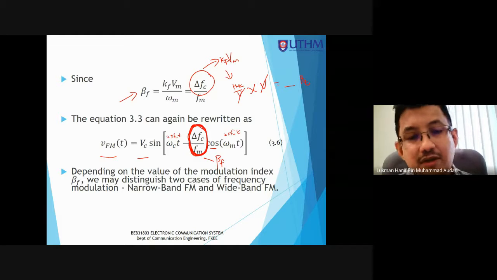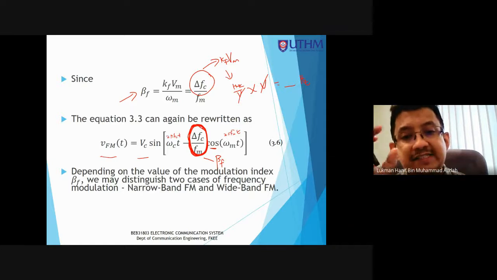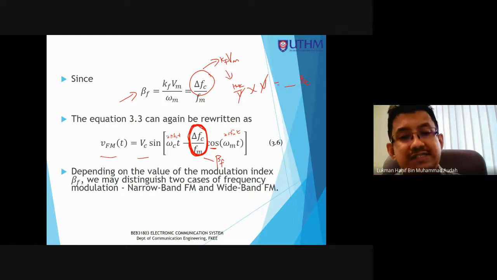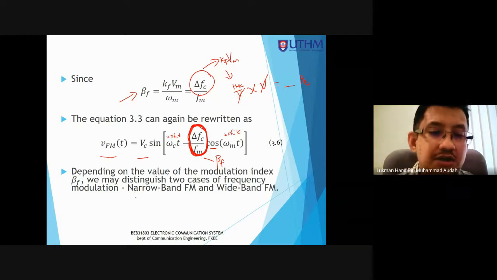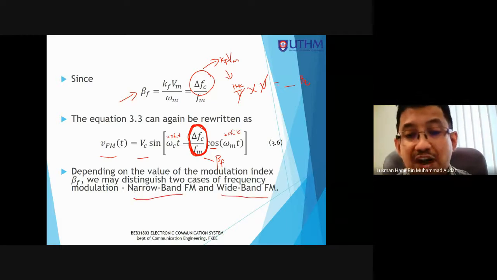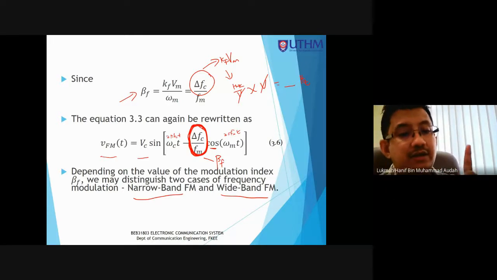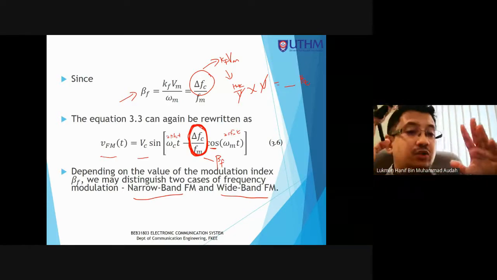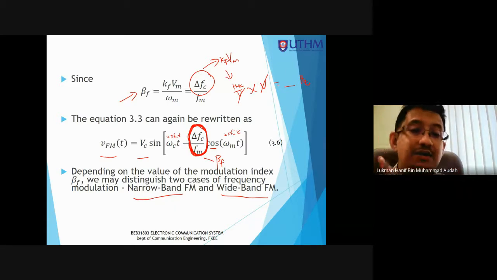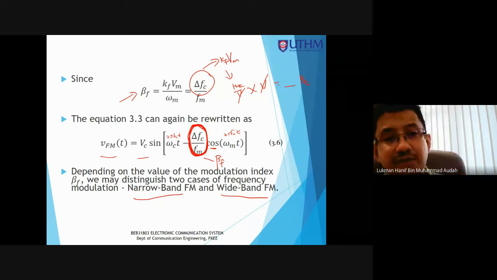Okay. And depending on the value of modulation index beta f, we may distinguish between two cases of frequency modulation. One is narrowband, another one is wideband. Ada dua jenis frequency modulation, dua kategori: satu adalah wideband dan satu lagi adalah narrowband. Apa beza dia?